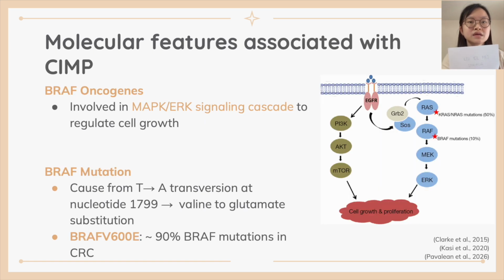CIMP is associated with BRAF mutation, with BRAF V600E being the most common mutation type, accounting for 90%. BRAF mutation is caused by a T to A transversion and leads to a valine to glutamate substitution.